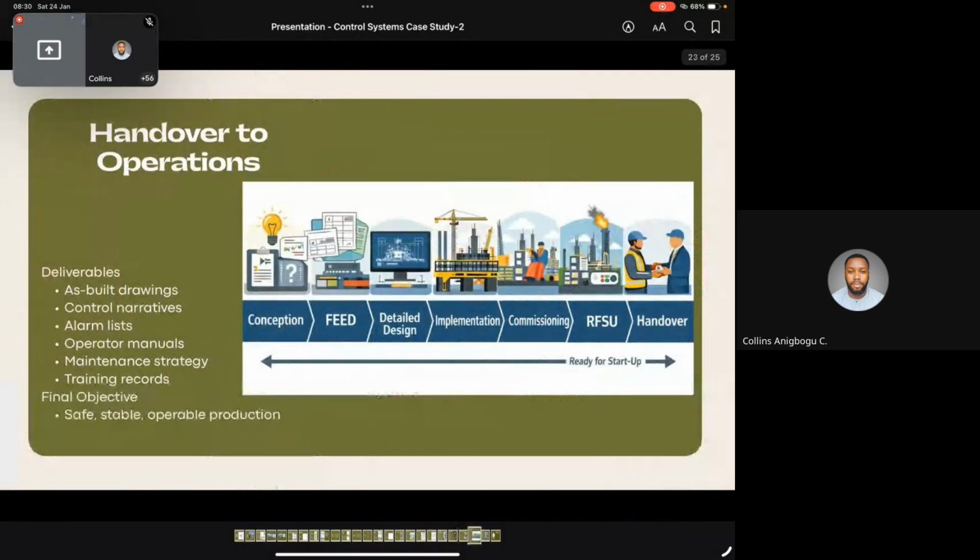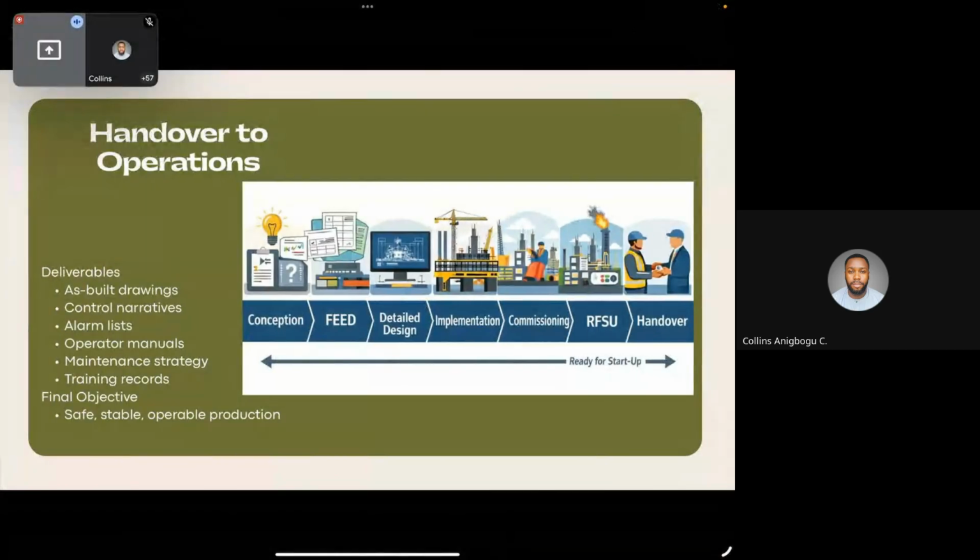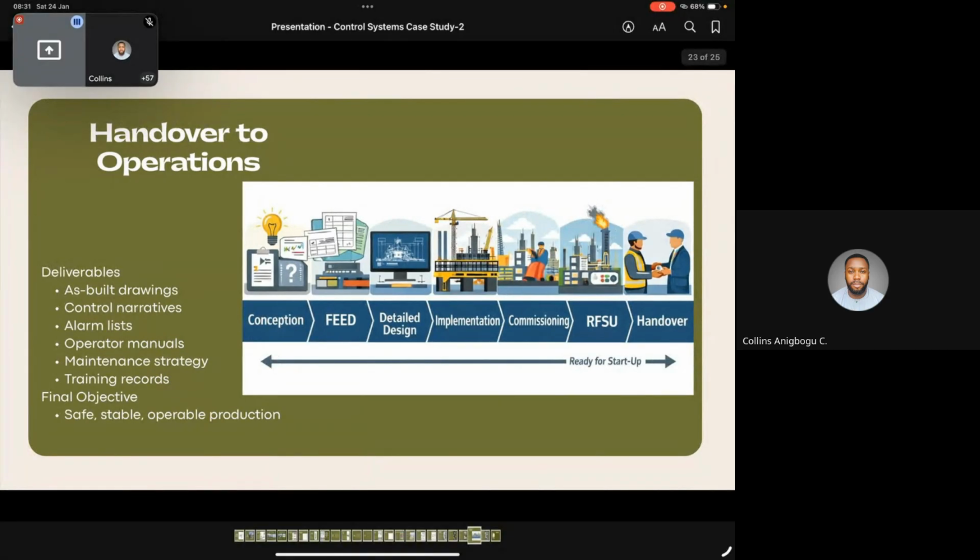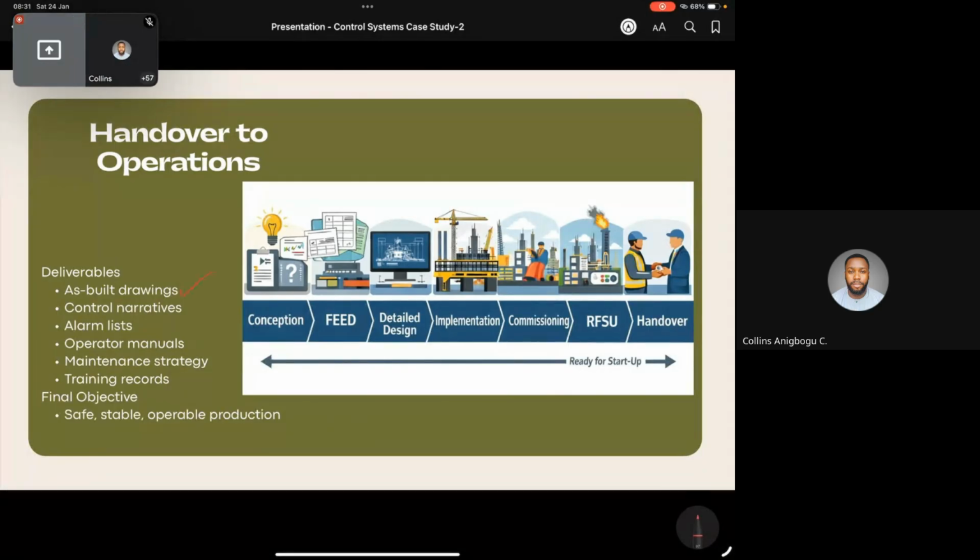And then after RFSU, of course, you hand over to the operations, right? So you have your as-built drawings. So you create another set of drawings that documents the reality.